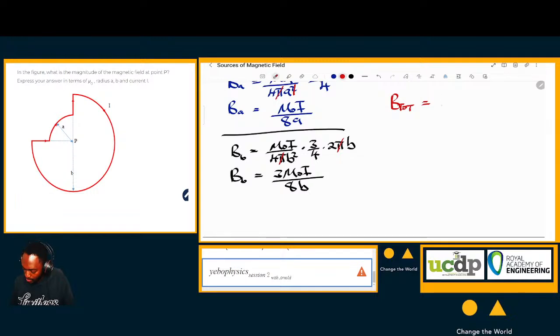So that's going to be BA plus B of B. So that is going to be BA, which is mu naught I over 8A plus 3 over 8 mu naught I.